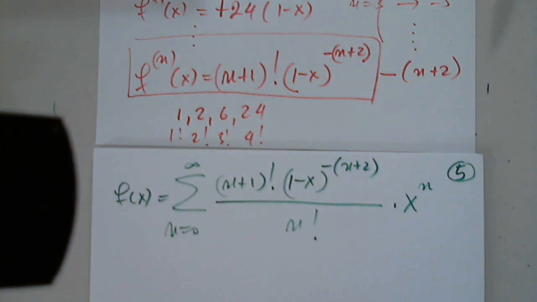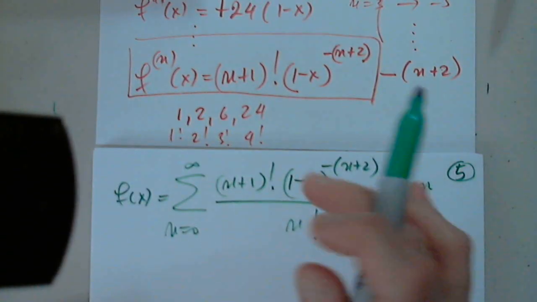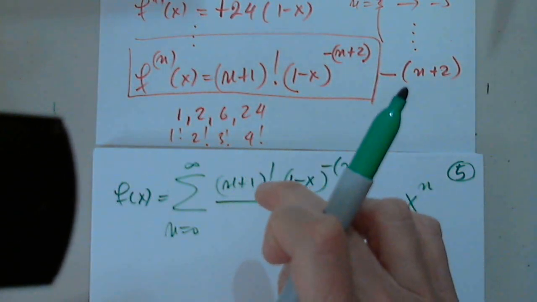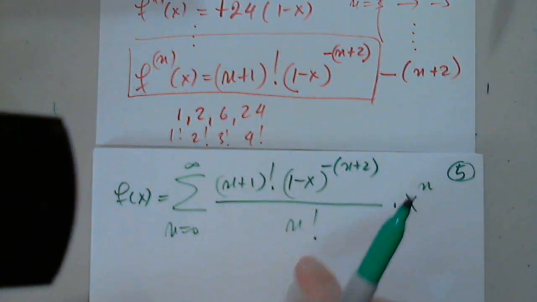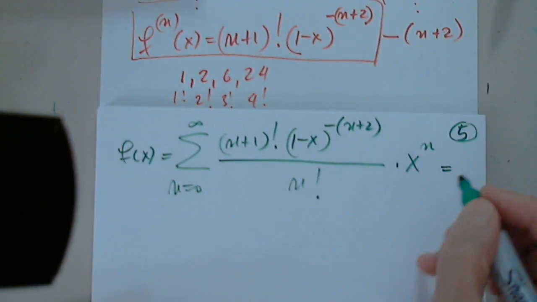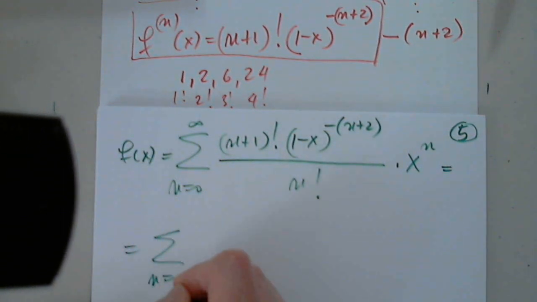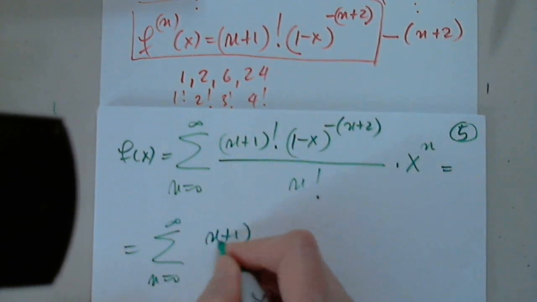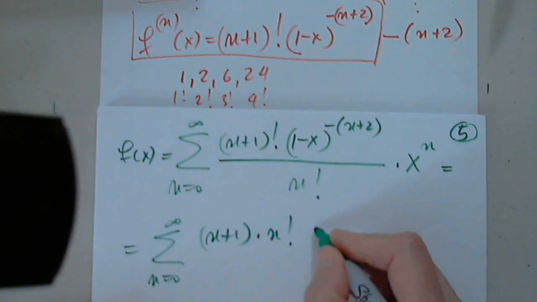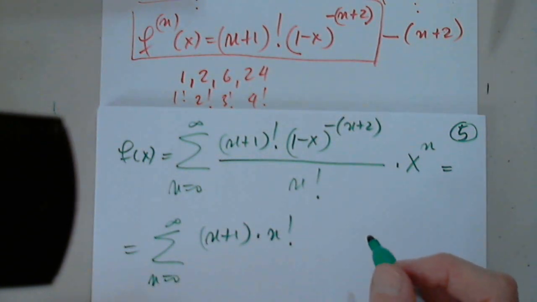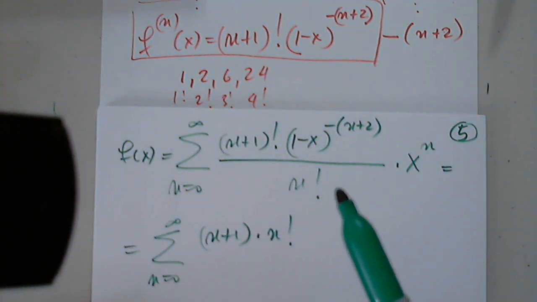So now let's see what we can simplify from here. Again, this piece will be written as (n plus 1) times n factorial. So let's do that. (n plus 1) times n factorial.